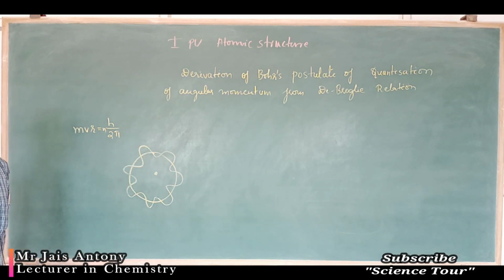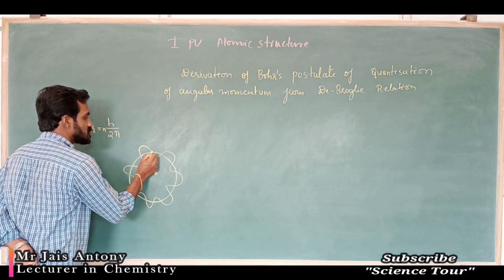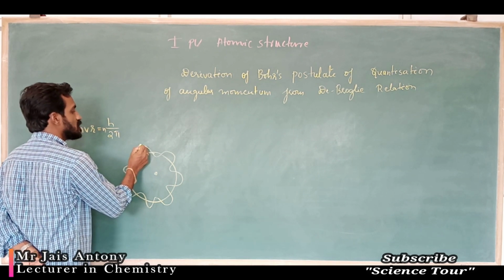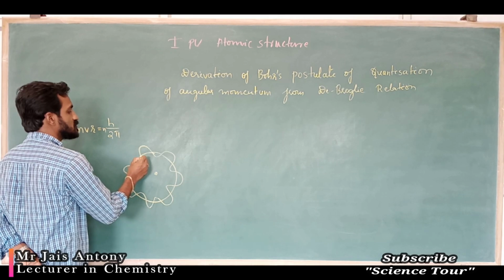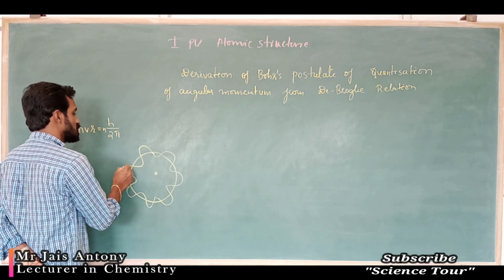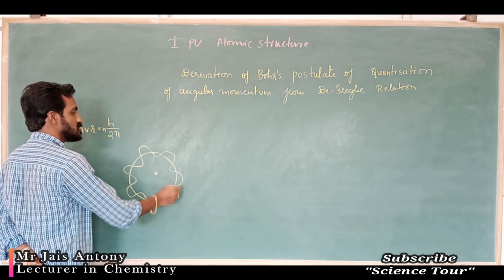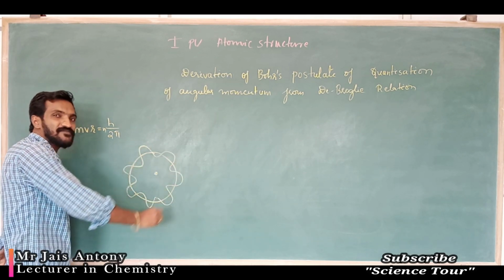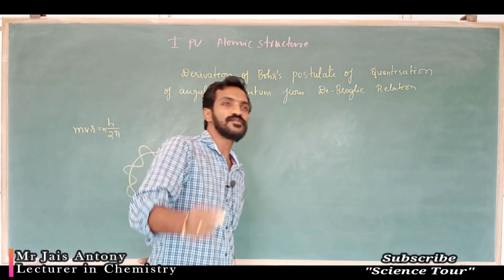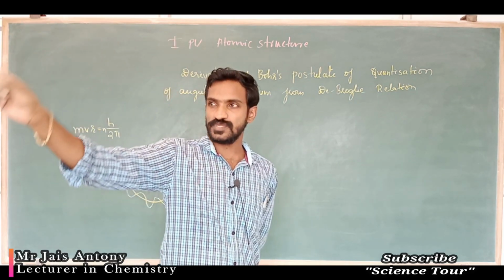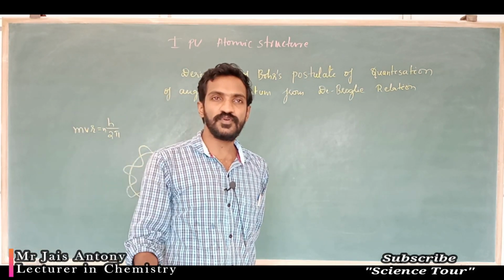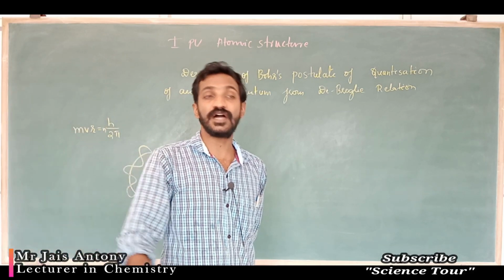This is the movement actually. If you ask where the electron is, the electron is here, here, here, like this. So totally you are getting one circumference. It moves in a circular path, so you are considering that movement in a circular path.